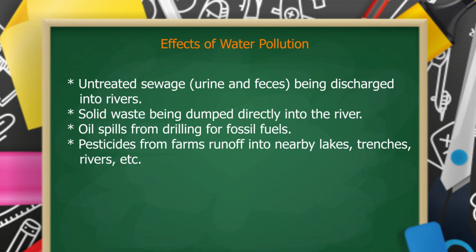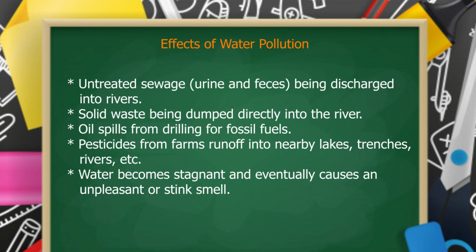All of that is going to wash into the lakes, the rivers, and the trenches nearby, even our ponds. So pesticide from farmers runs off into nearby lakes, trenches, rivers, and ponds. Then the water becomes stagnant and eventually causes an unpleasant, very stinky smell.